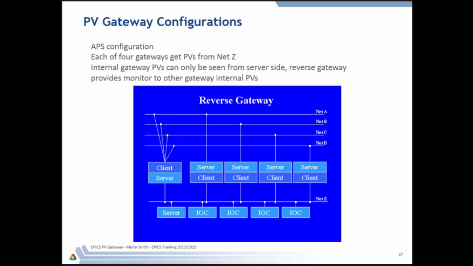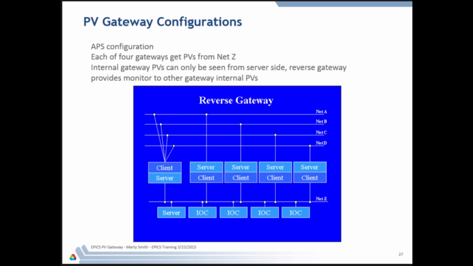The only way that I can monitor the health of these user gateways is from the server side, which would be the beamline network, which I don't have access to. That's why I have this reverse gateway, where the client side sends channel access search requests to all of the networks.